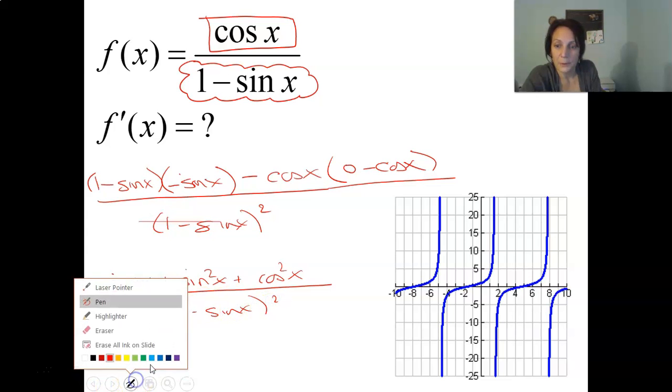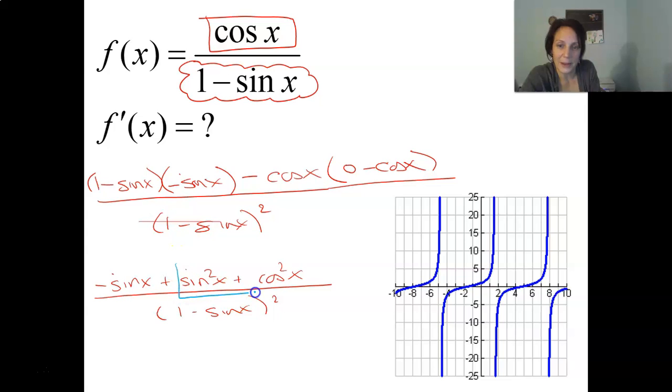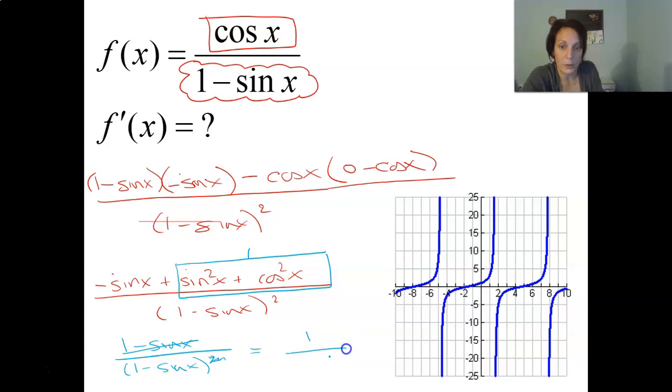And you may remember, and this is really the only trig identity that AP ever brings up and expects anything from us on, that sine squared plus cosine squared is an identity, and we know for a fact that it equals 1. So look at this function and how it simplifies. I now have a 1 minus sine x in the numerator, and I have a 1 minus sine x squared in the denominator. So you can cancel your numerator with one of those, and that hot mess simplifies all the way down to 1 over 1 minus sine x.